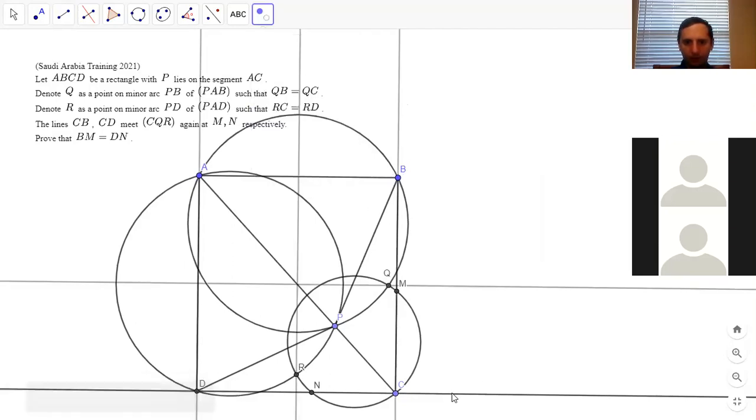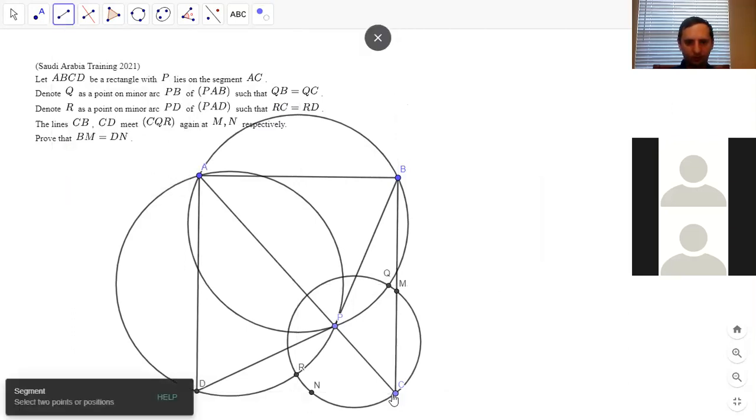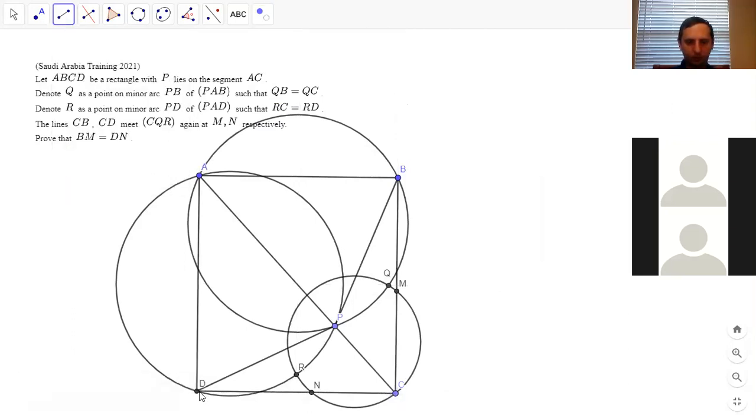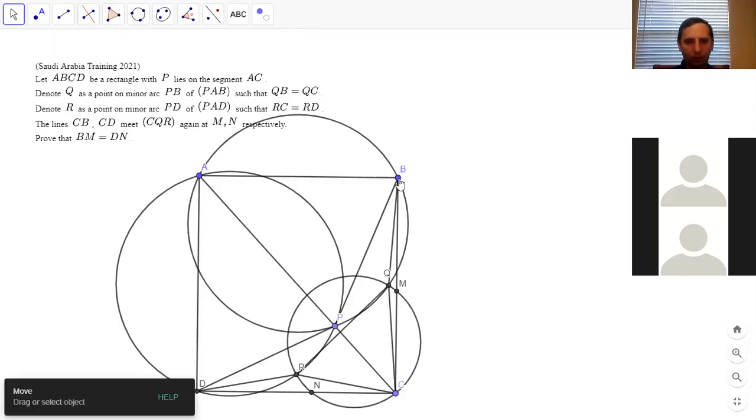So BQC is isosceles and CRD is isosceles. I'll just draw on those segments. Oh, and I probably should draw this, just so we can realize that it's a circumcircle.